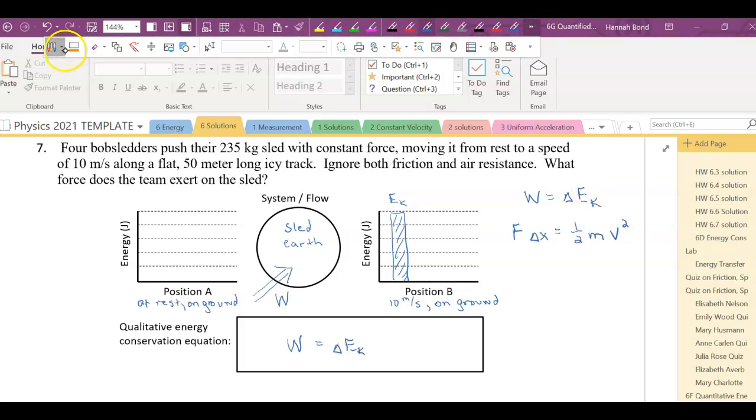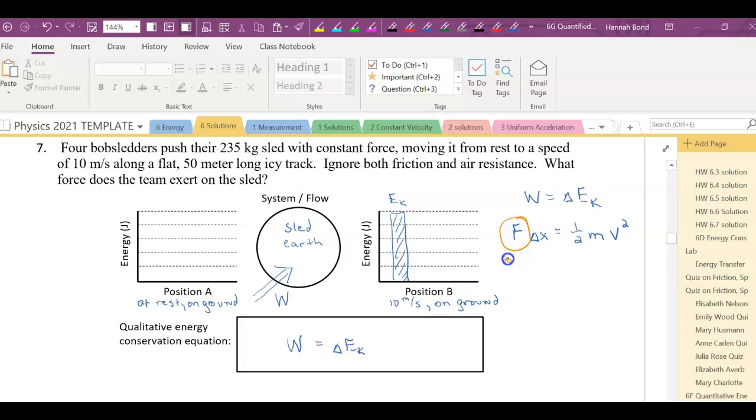So here, the thing that I'm going to solve for is this force. And I think I have the other things that I need here. So it says that they applied a constant force as they moved the sled along a 50-meter track. So the displacement that this force caused was 50 meters.